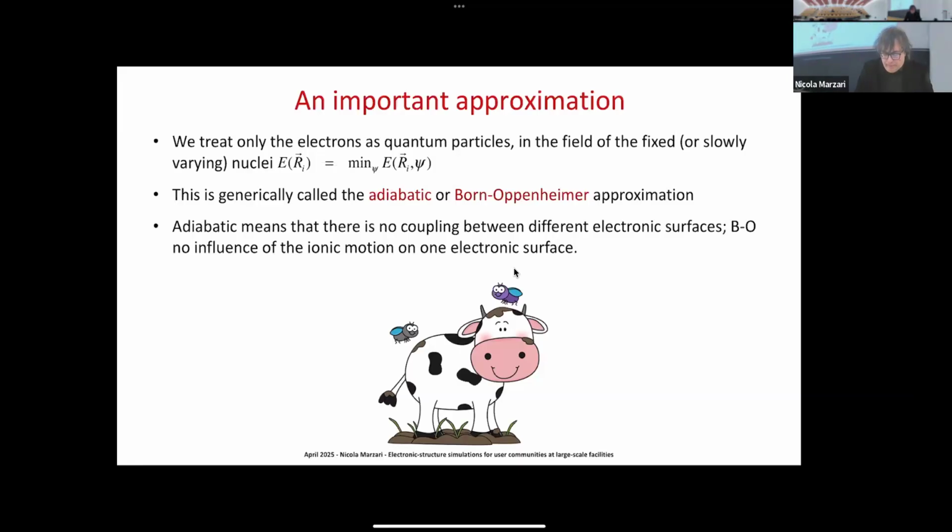I had a postdoc in Boston that loved this analogy, which is very appropriate here, of the cow with the flies. The cow is the massive nucleus, and the flies are the light electrons. The cow can't get rid of the flies by running fast. The flies are so nimble, so light, that even if the cow starts moving, one fly will still keep hovering on top of its head or on top of its tail.